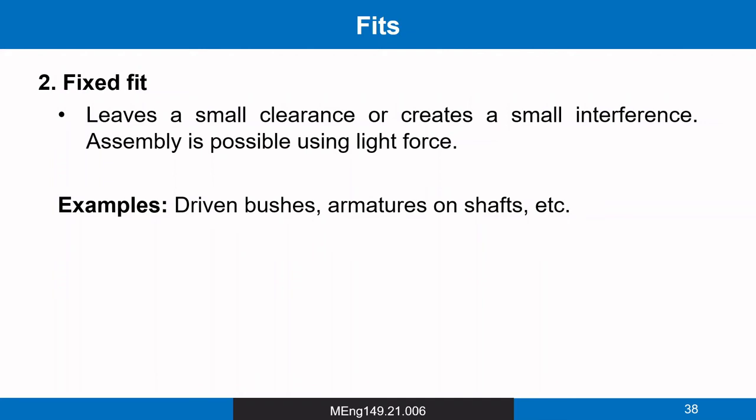Assembly is possible using light force. Okay, so the locational fit has a very small clearance, but the fixed fit is even tighter than the clearance fit, and thus it introduces a little friction, and thus light force is needed to insert it. So the applications of the two fits are similar: gears, hubs, bushes, armatures, and shafts.